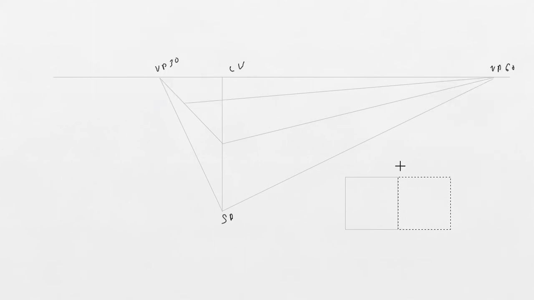And diagonals of these squares would be parallel to each other. If they are parallel, so they would converge on the same point in perspective on the horizon line.